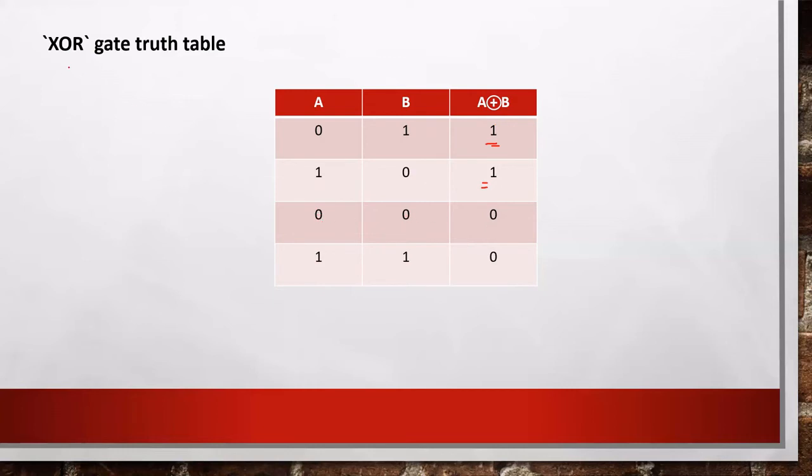Based on the rule of the XOR gate, if the input data is equal, then it is 0. And if you pass 1 and 1, since the input data is equal, you will get 0 as the output. In the typical OR operator, if you pass 1 and 1, you would get 1 plus 1, which is 2, and we consider it as 1. But since the rule here is that if the data is equal, then your output should always be 0, if you pass 1 and 1, it's 0.